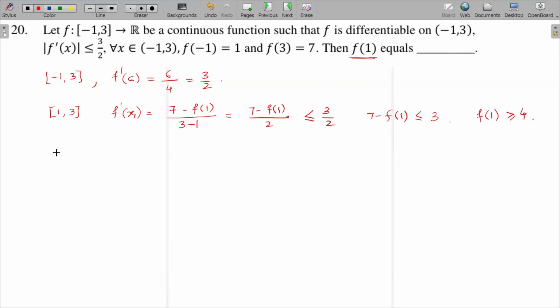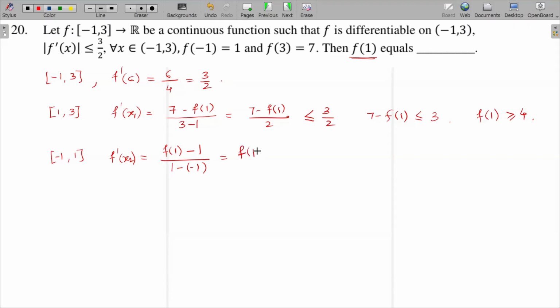Apply it again from -1 to 1. You are left with another part of the interval. Apply it, so you get f dash x2 is f of 1 minus f of minus 1, that is 1, divided by 1 minus minus 1.